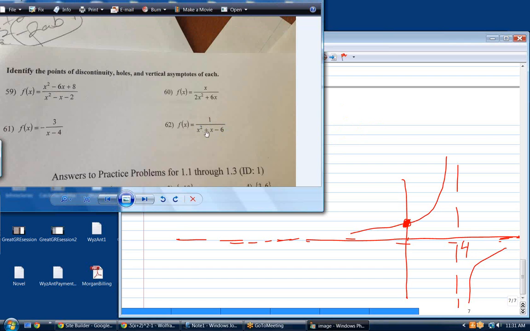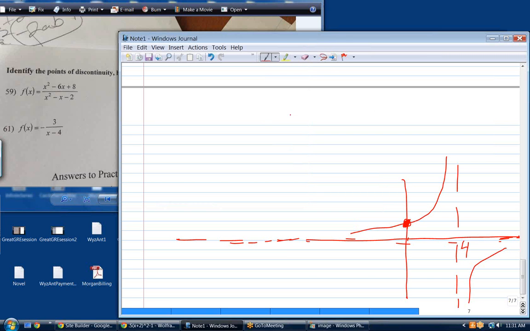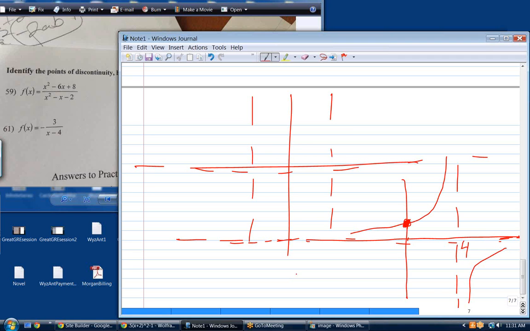This one, factor the bottom, and you're going to have two vertical asymptotes. You're not going to have any holes at all. You're going to have a vertical asymptote at -3 and +2, and the graph will look something like this. Whenever you have two vertical asymptotes, you still have the horizontal asymptote.